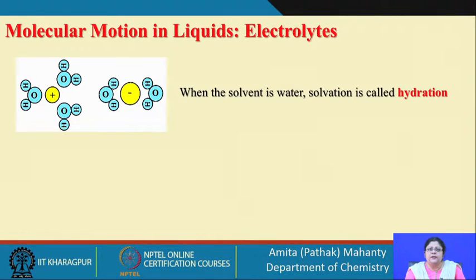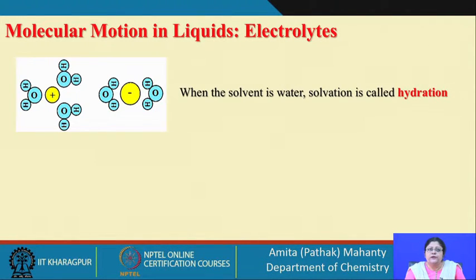So, when sodium chloride is dissolved in water, what happens? It dissociates into Na plus and Cl minus. In the solvent medium, they get solvated.